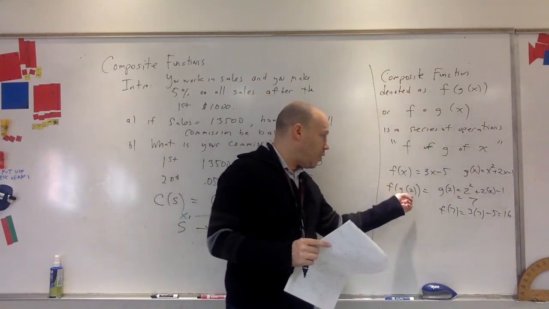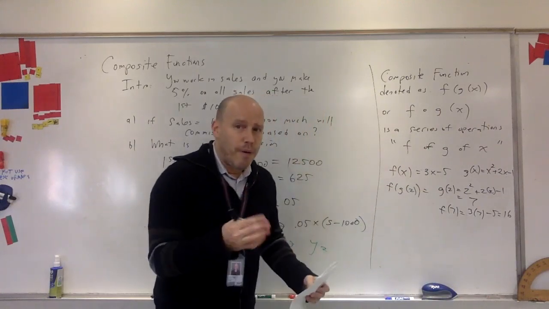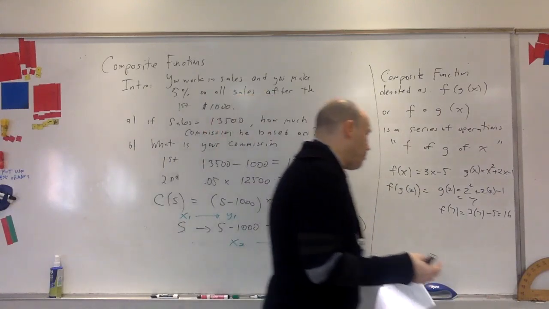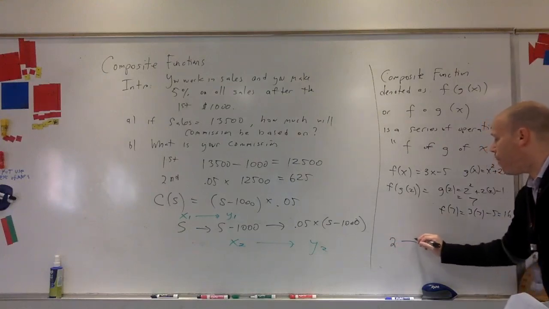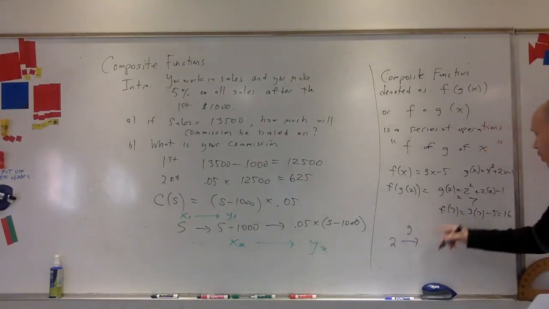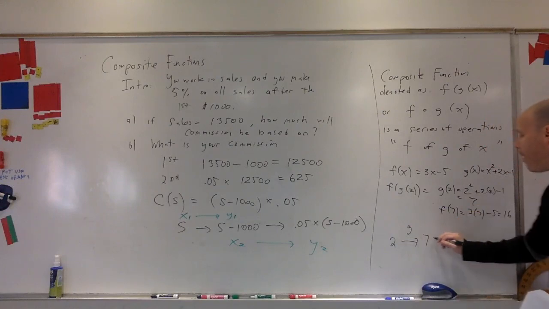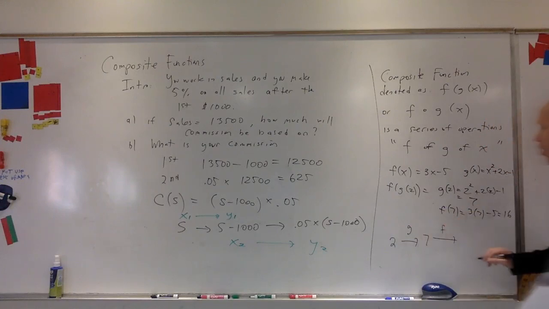So f of g of 2 is 16. Once again, we're starting with 2, mapping it through the g function, which takes us to 7, and then mapping 7 through the f function, which takes us to 16.